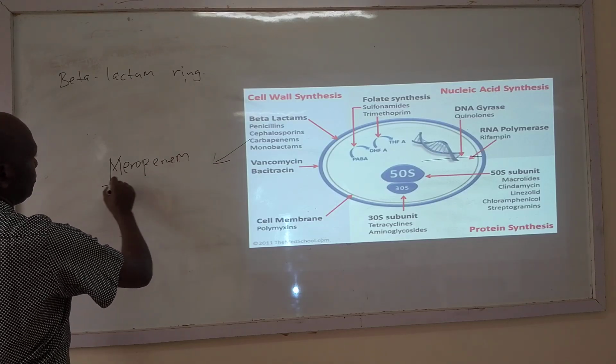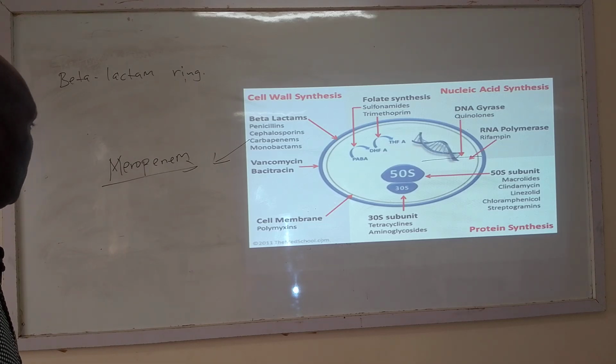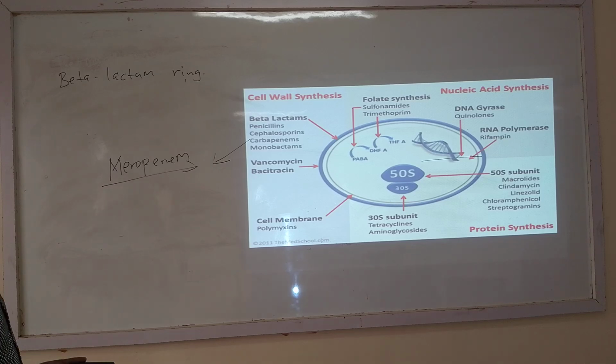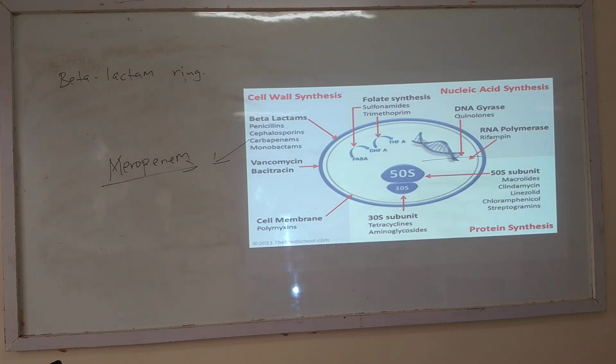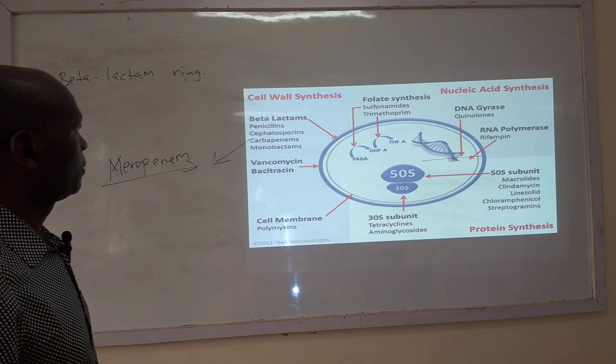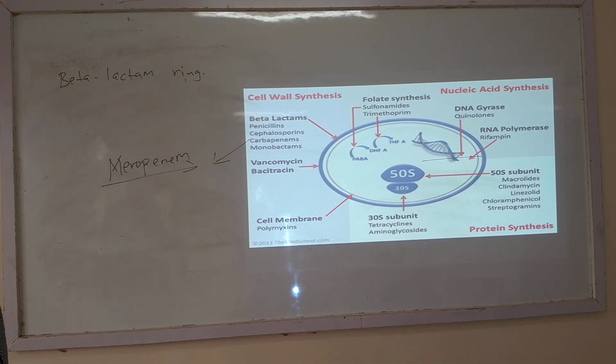This one is a very broad spectrum, powerful cell wall inhibitor, and it works very well when it is given to bacteria that are sensitive to it. It's a very good antibiotic.